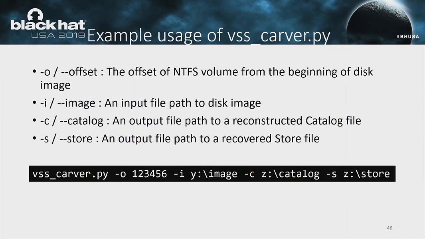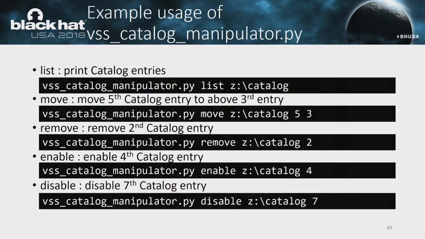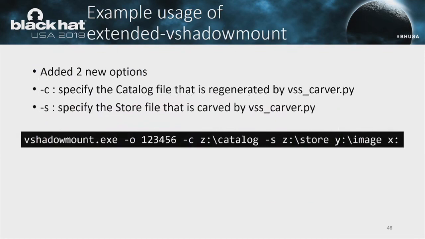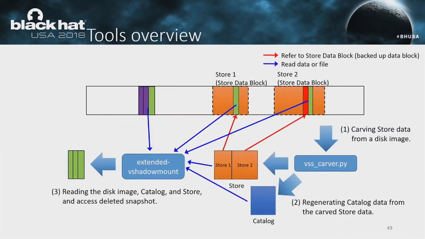Okay, this slide is just a usage of vsscarve.py, so I will skip it. So please check it later. And skip this one too. Okay, this is an overview of the tool we created.